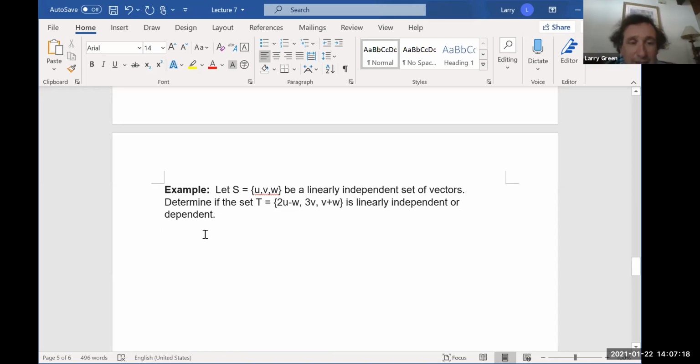Yeah, we're going to write a linear combination, and I'm just going to use A, B, C. So we're going to have A times (2U minus W) plus B times 3V plus C times (V plus W).